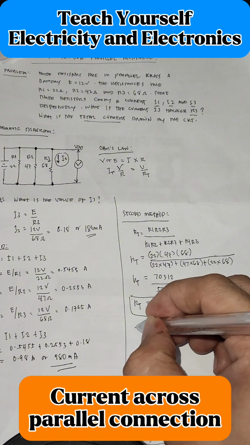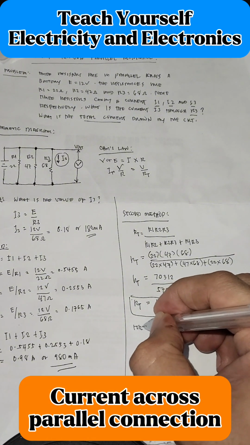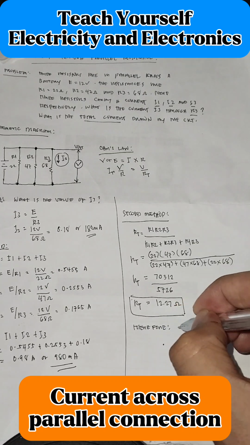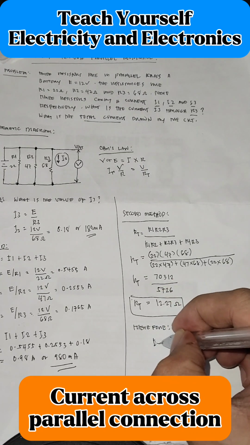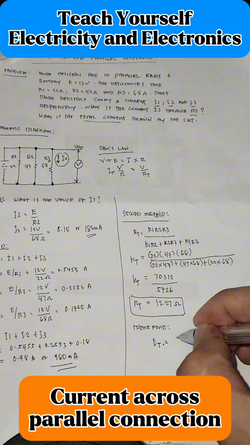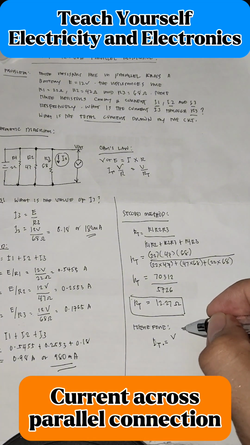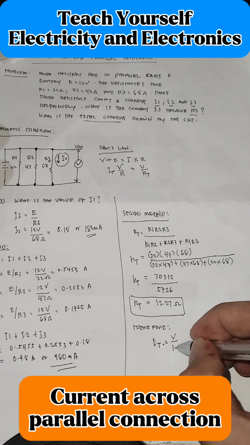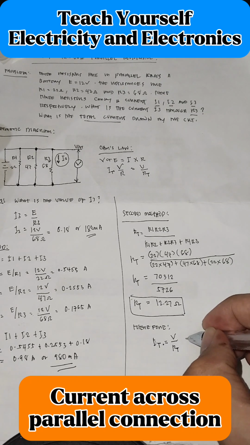Therefore, the total current is equal to the supply E over RT.